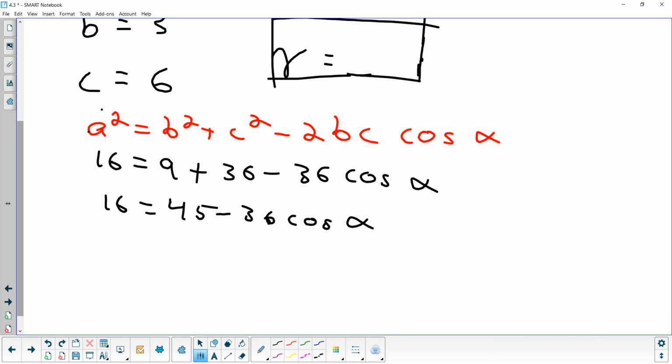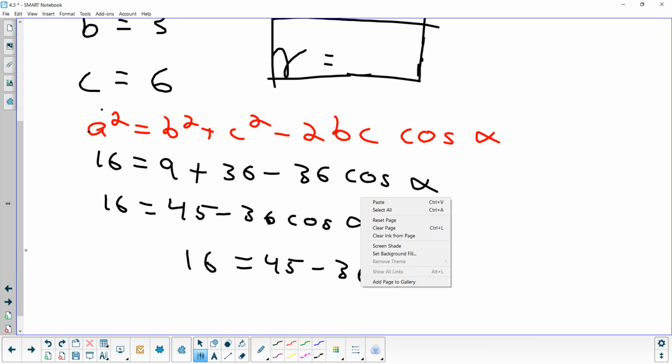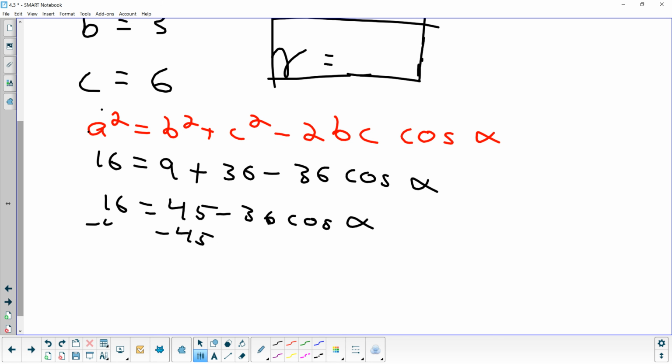Jake, when you do the subtraction on the right side, the 45 minus 36, so what if you had this? 16 equals 45 minus 36x. Would you do 45 minus 36? Oh, you have to subtract 45 from both sides. You cannot do 45 minus 36 for the same reason you can't here. It's exactly the same idea. So you've got to minus the 45, and minus 45.